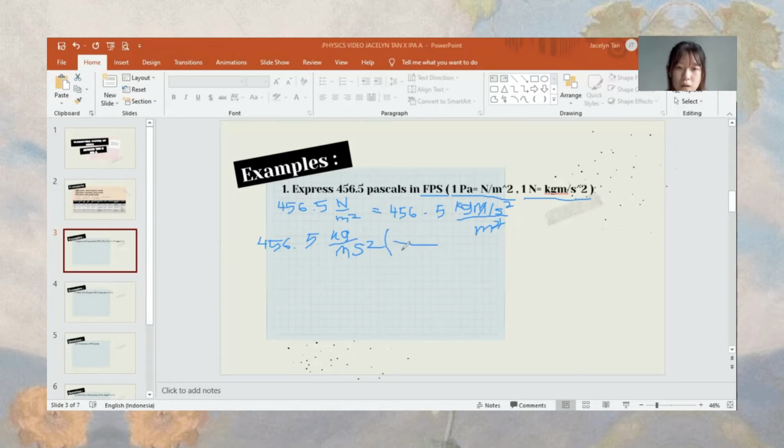So we know that 14.59 kilogram is equal to 1 slug.